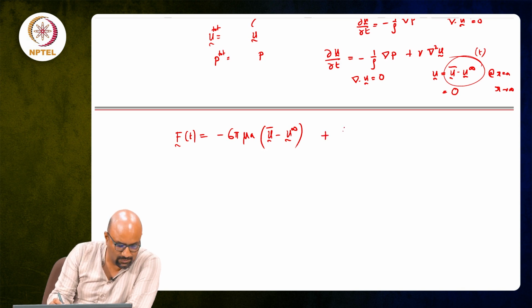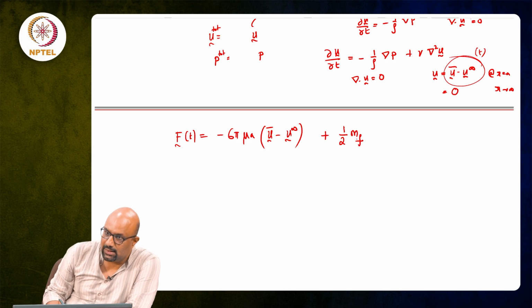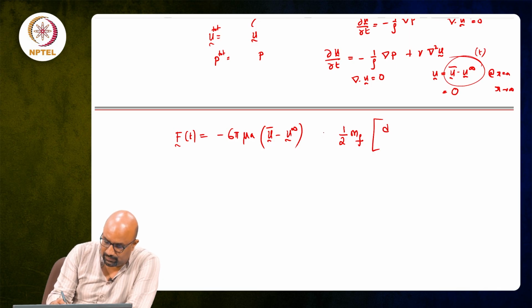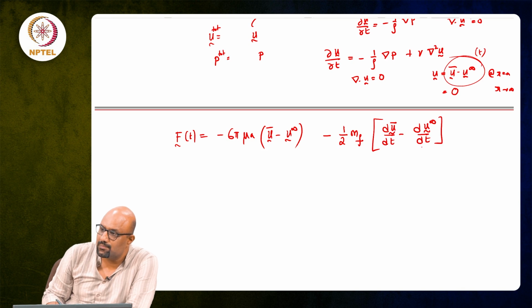Then comes the added mass term. This would be, let me write it, du bar dt minus du infinity dt. So, this is a sphere which is accelerating in a fluid which is accelerating with a constant speed.